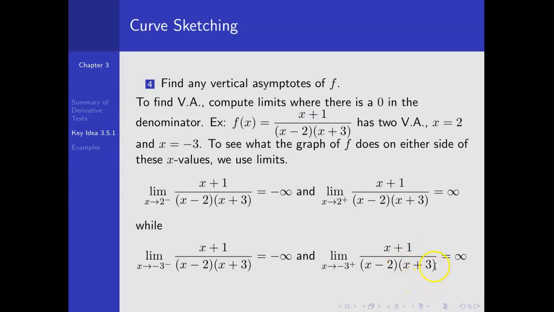And then when we plug into x plus 3, if we have negative 2.9 plus 3, that's going to give us positive 0.1, so that will be positive. So overall, we get negative in the numerator, negative times positive, which is negative in the denominator. So we have negative over negative gives us positive infinity in this case. All of that is useful information for what the graph will look like.